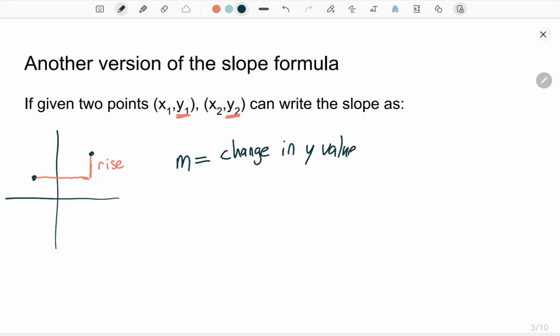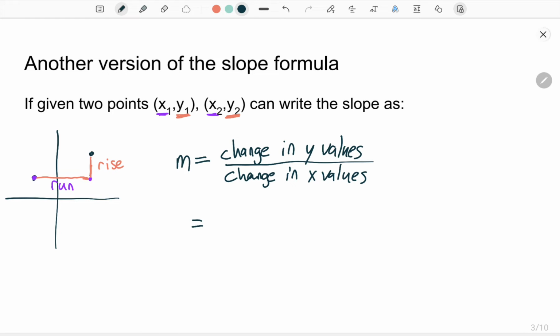And we sort of did talk about that before. And the run going across, well, that is just the difference from your one x value, your starting point, to the other x value going across. And so what we can say is this is the change in the x values.